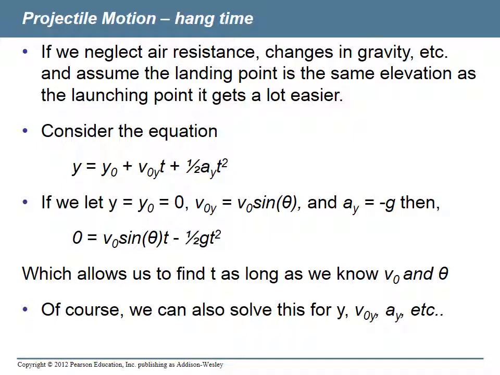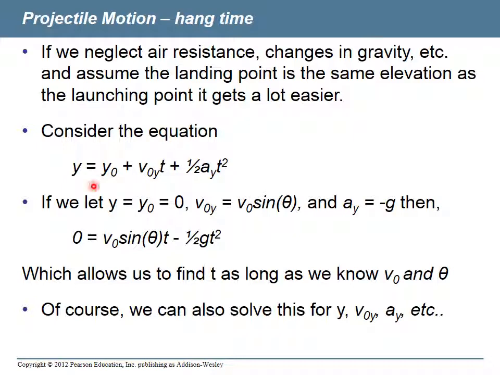So of course, we could solve this for y, v naught y, a y, etc. We can solve it for any of these variables, and that's maybe one of the things that can be confusing, because I can give you any one of these variables or any three of these. How many variables do we have here? 1, 2, 3, 4, 5 variables. I can give you 4 of the 5, and you could find the 5th, right?